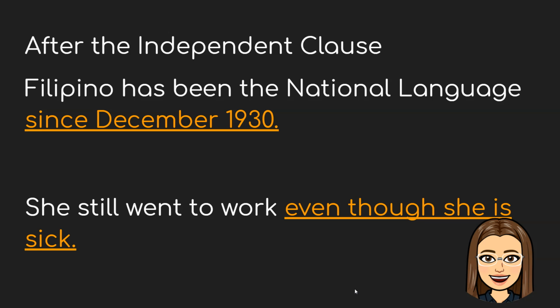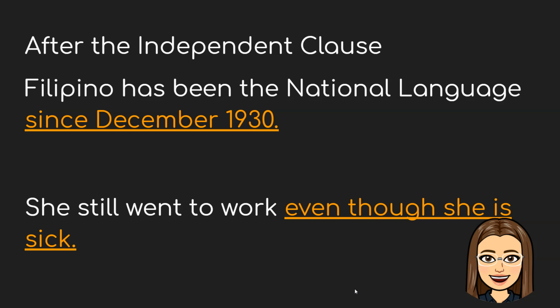For our example number 1, our independent clause is Filipino has been the national language, and our dependent clause is since December 1930. For our second example, our independent clause is she still went to work, and our dependent clause is even though she is sick.